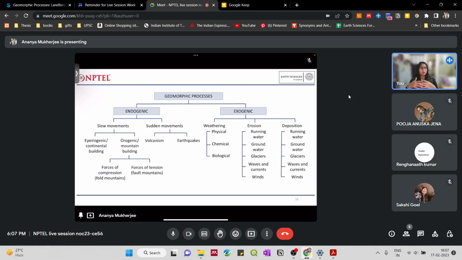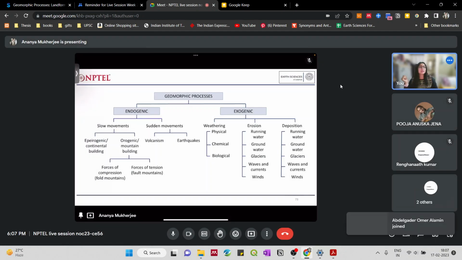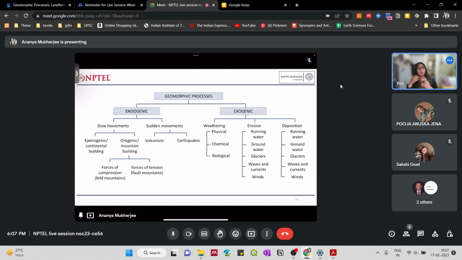We learned how they are causing mid-oceanic ridges, how they are forming trenches, how they are forming large mountain chains like the Himalayas. We also talked about how transform faults are creating, the San Andreas fault is an example of that. These are the things that we learned about in the endogenic geomorphic processes. Some part of it we have covered in the previous week.